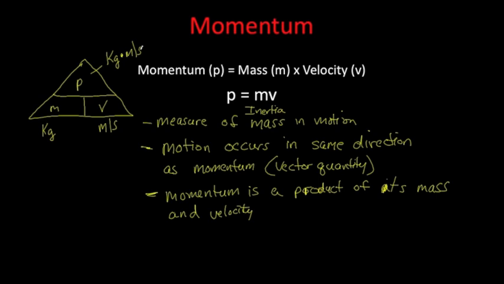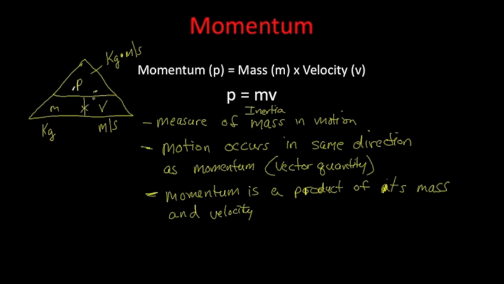Now this is different from newtons, because if you remember, newtons were kilograms times meters per second squared, because a newton is a product of mass and acceleration. This is simply mass and velocity. So the units for momentum are kilograms times meters per second.